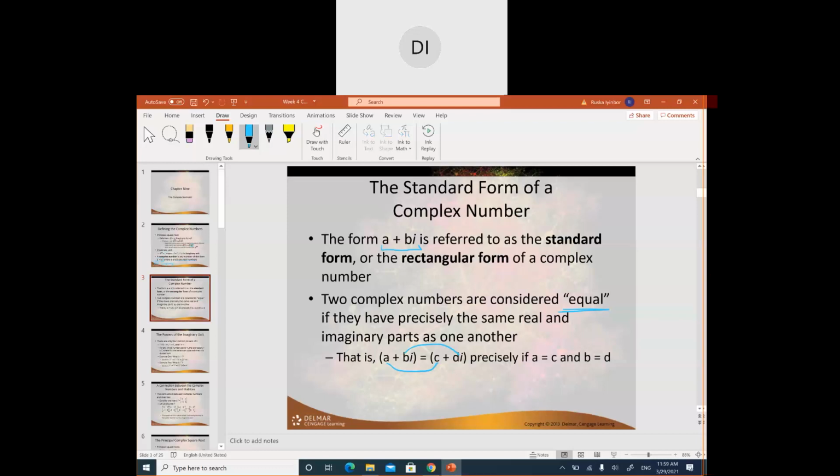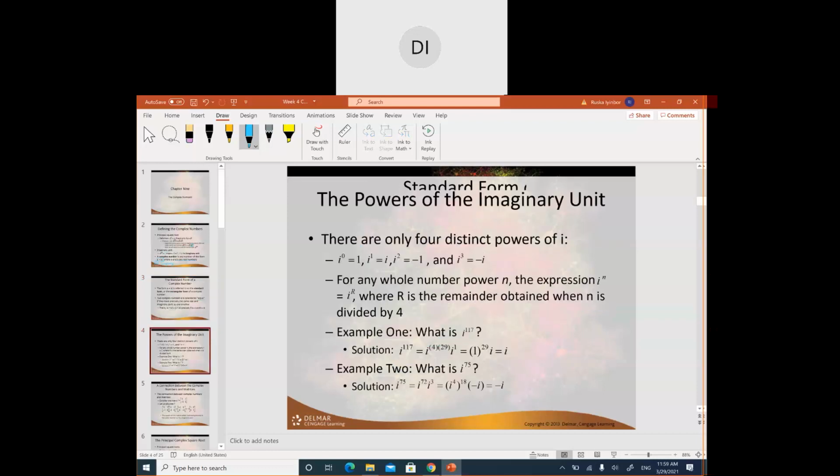Okay, now what are the powers of the imaginary unit? This is before we do operations. The power of i: i is the square root of negative 1, right? i to the first power is i, okay? i to the 0, anything with power 0 is 1, so i to the 0 is 1. i squared is negative 1, and i cubed is negative i, okay?